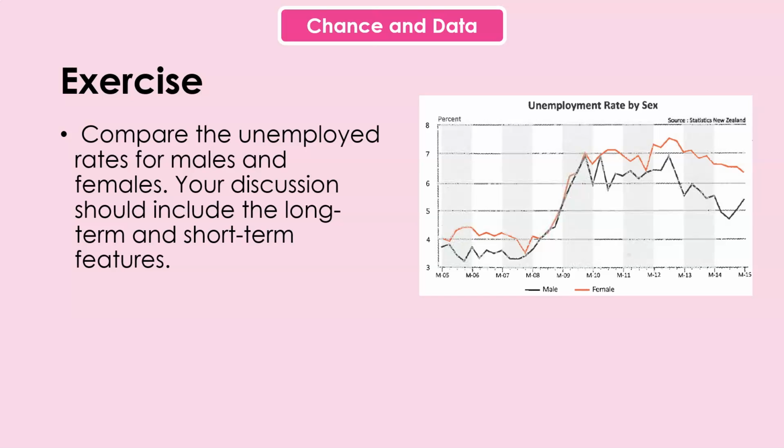I want you to have a go at trying to put together a paragraph looking at the long-term and short-term features of this graph. What can we find? So pause the video, spend some time, try to find 3 or 4 points putting it together. First of all, start off with the long-term trends that you see, then the short-term features.